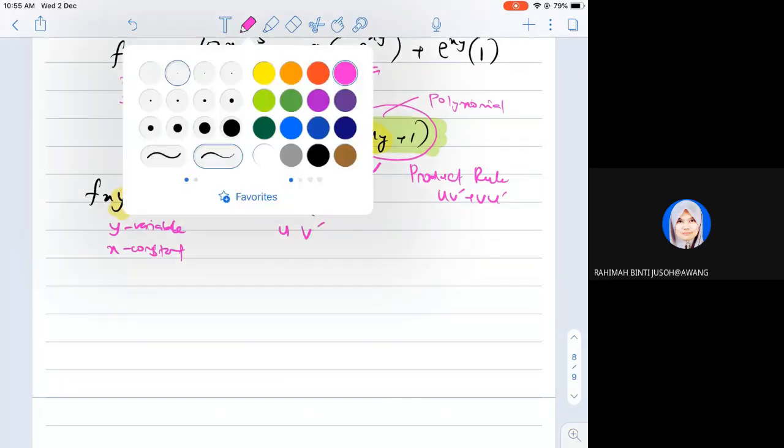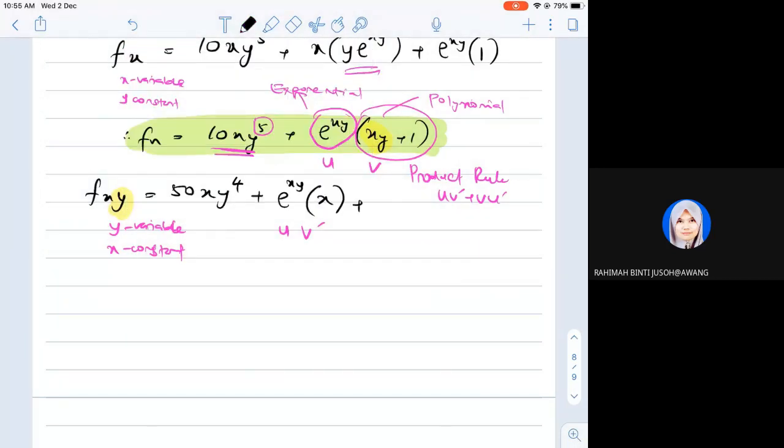Okay, plus v u prime, v is xy plus 1. And then u prime, differentiate u, you will get apa yang ke depan sekarang ni? X. Yes, very good. X to the front because x the constant now. So x exponent xy like this.